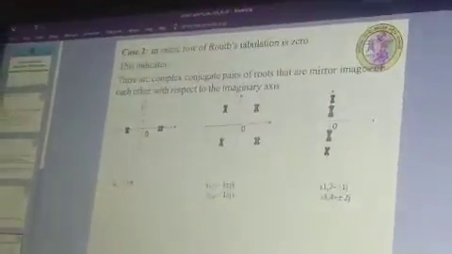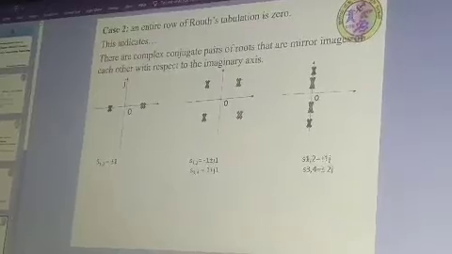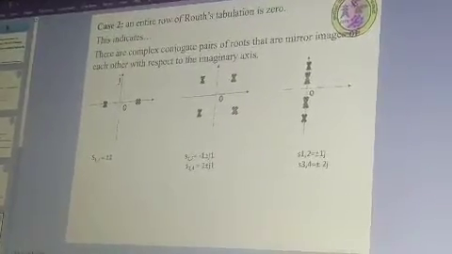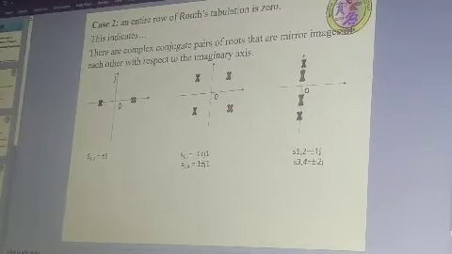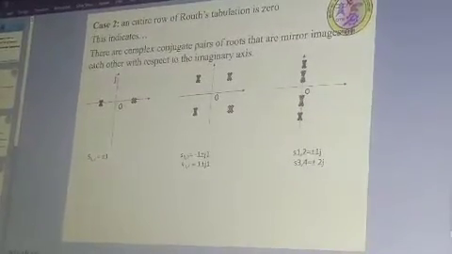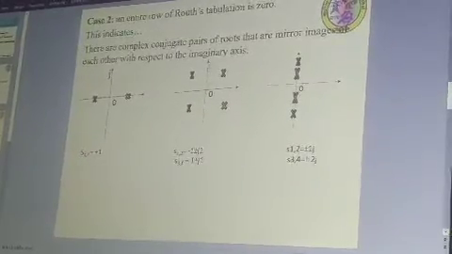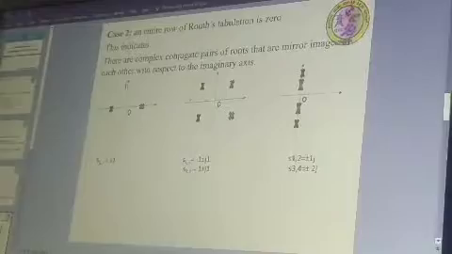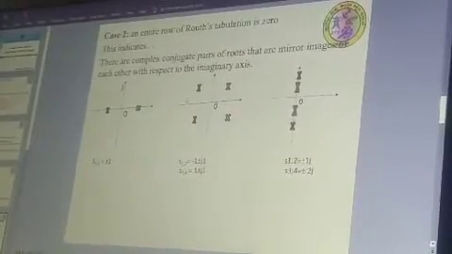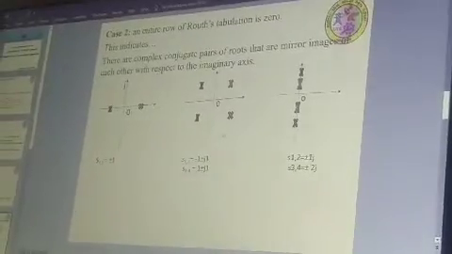That indicates that when all the elements in any row of the Routh array become 0, there are complex conjugate pairs of roots that are mirror images of each other with respect to the imaginary axis, like this.